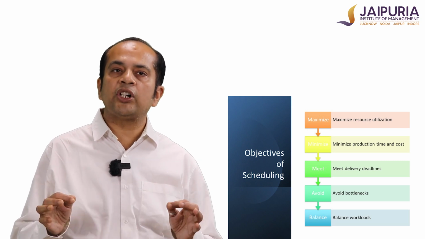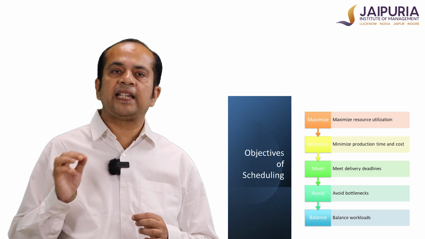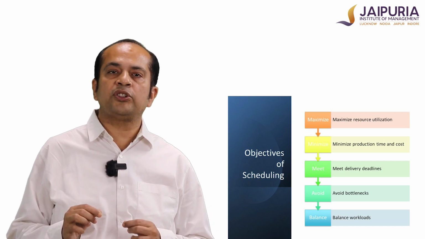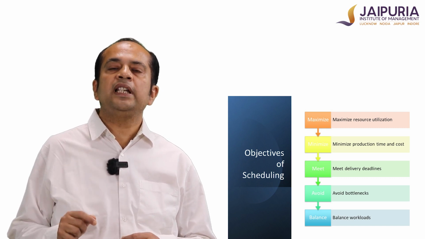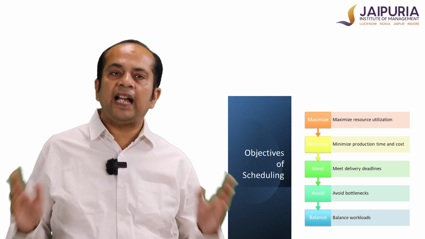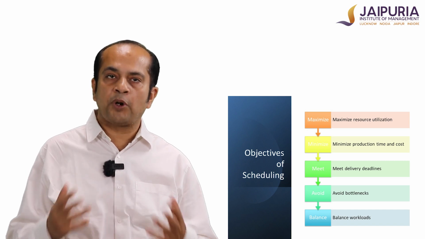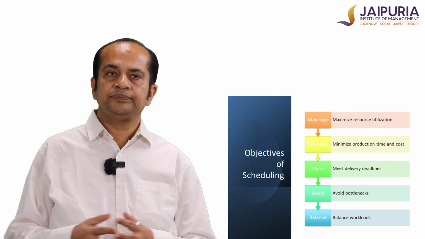So, talking about the key objectives of scheduling, it includes maximizing the utilization of the resources, by making sure that workers, machines, classrooms, or any other resources are not sitting idle, but are being used properly and productively.